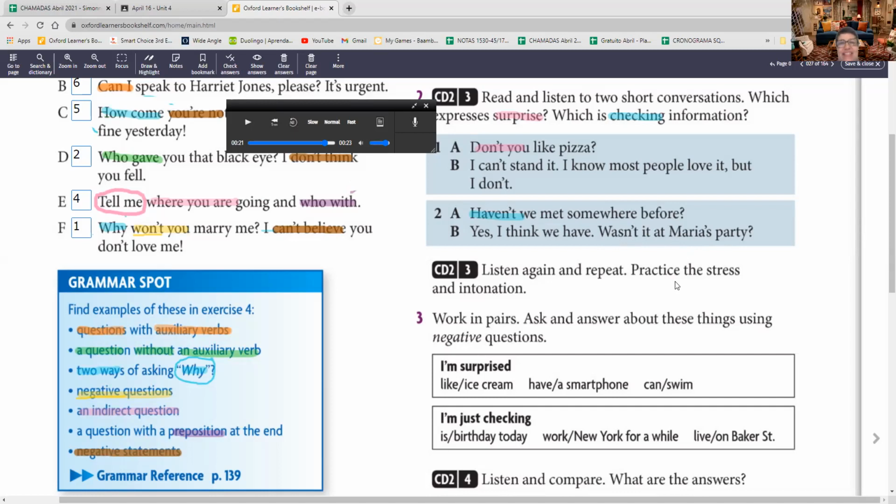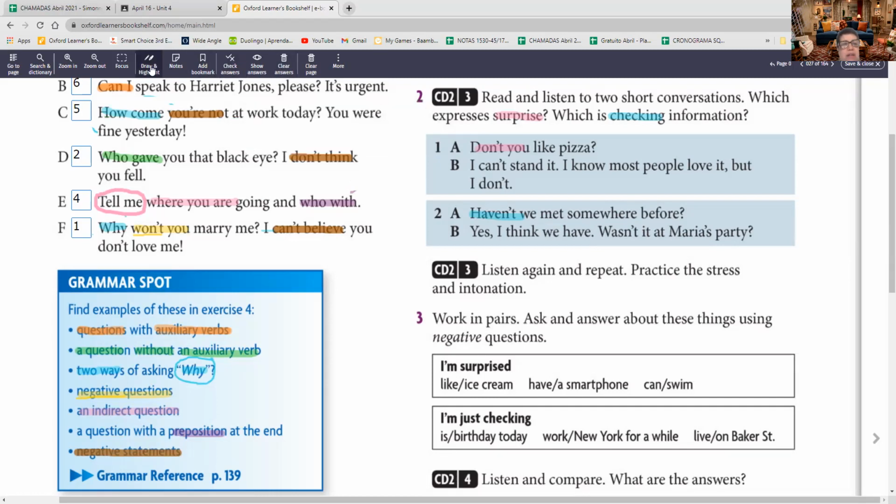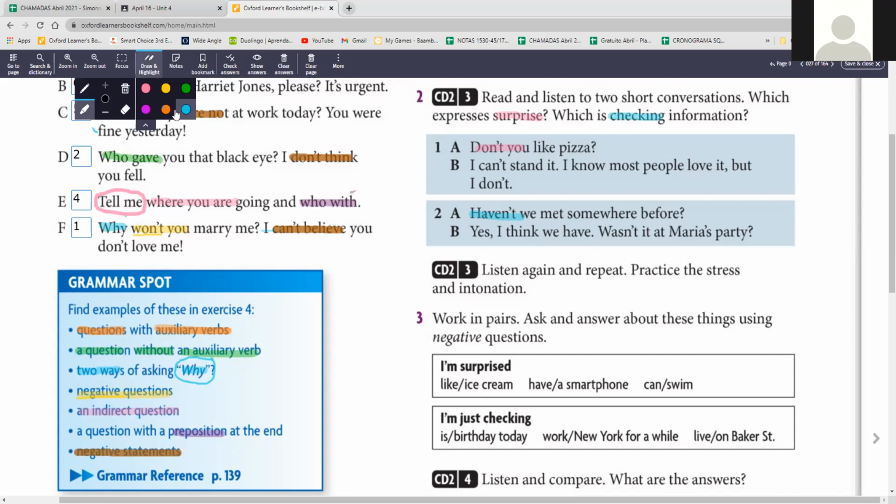Great, perfect, very good. So here we have another example of a negative interrogative. Let me highlight that one for you. I think it's green. I'm not so sure. Okay, just so you know, this one here we're asking in the negative just like the others, but this one we are checking information.